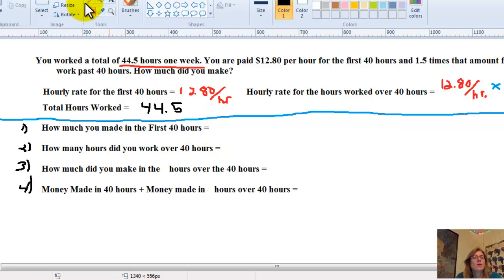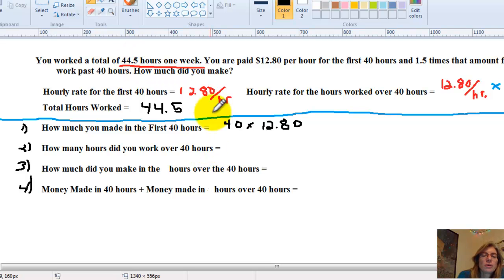Okay, so how much did you make in the first 40 hours? Well, you take 40 hours and simply multiply it by the rate that you get for working 40 hours, which is that $12.80 per hour. So it's a number times the decimal. Then you're going to take, how many hours did you work over the 40 hours?